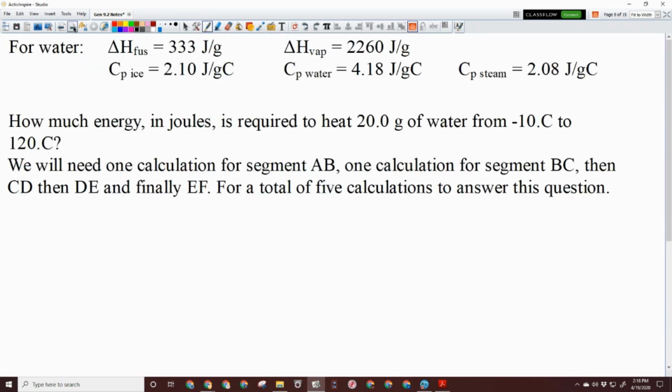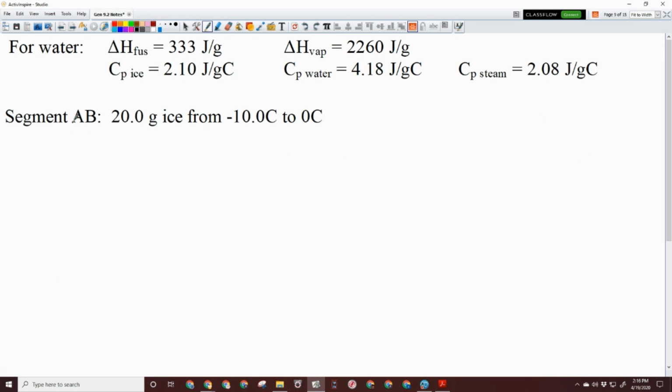The first calculation that we're going to do is segment A to B. This is for 20 grams of ice from -10 to 0. So Q is equal to MC delta T. Our mass is 20 grams. We need the specific heat of ice.